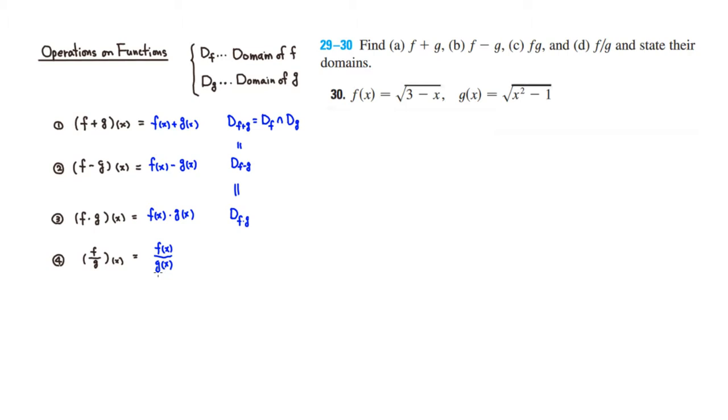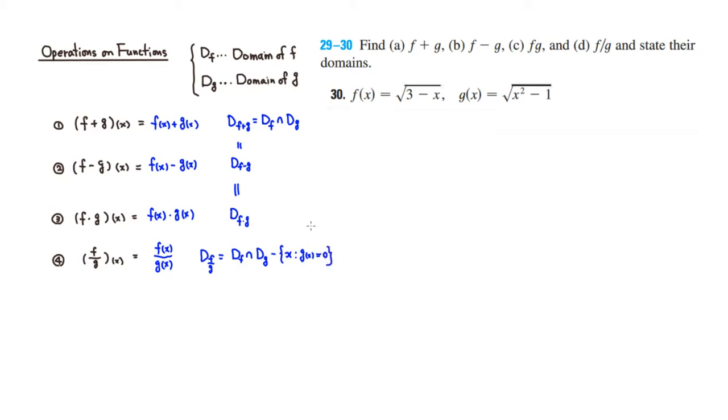So the domain of f over g is, of course, we have to make sure that it's within the domain of f intersect the domain of g. But we have to eliminate whatever x value such that g of x becomes 0.